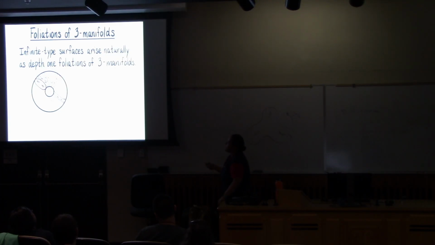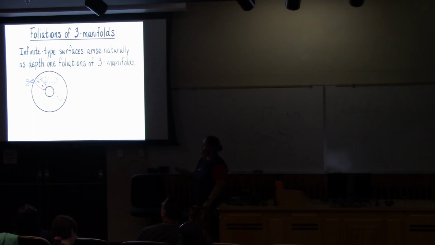So in this picture, you can think of accumulating here onto this genus 2 surface, and in the other direction, you're also accumulating onto this genus 2 surface, okay? So these are just things that happen, right? This is a way of decomposing your 3-manifold.